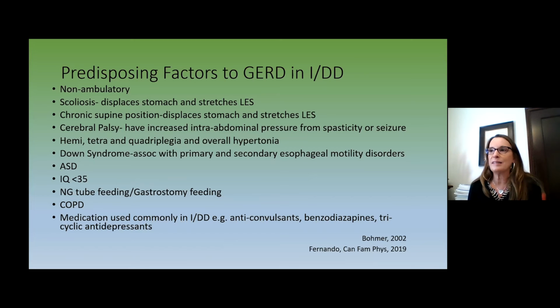Additionally, CNS disease in people with CP or Down syndrome may have a direct effect on upper gastrointestinal motility and decreased LES tone. Common comorbidities in CP and other diseases include scoliosis, chronic respiratory disease, and seizure disorder.